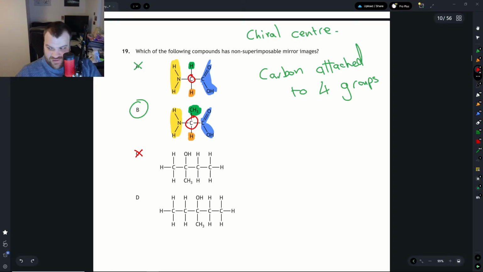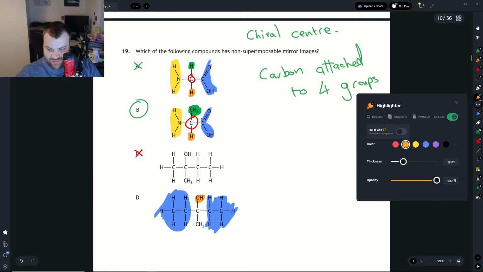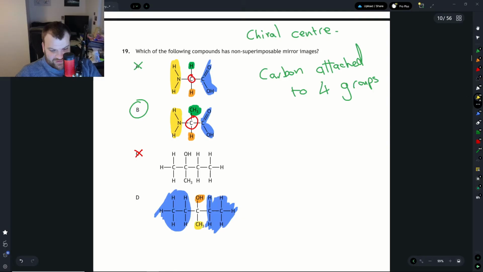If we were to do our groups, we end up with a CH2, CH3 on the right, and that's exactly the same on the left. So both sides are the same. That means it's not going to be a chiral center. We do have an OH, which is different, and we have a CH3, which is different, but it needs to be all four things different. And that's why B is my correct answer.